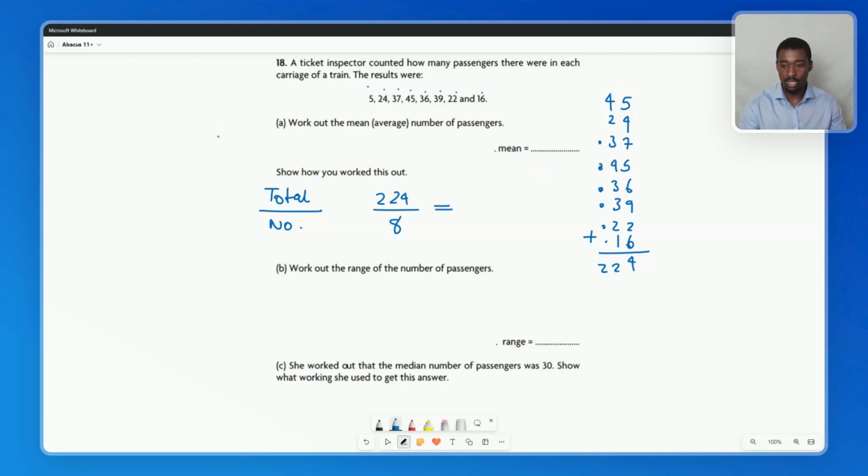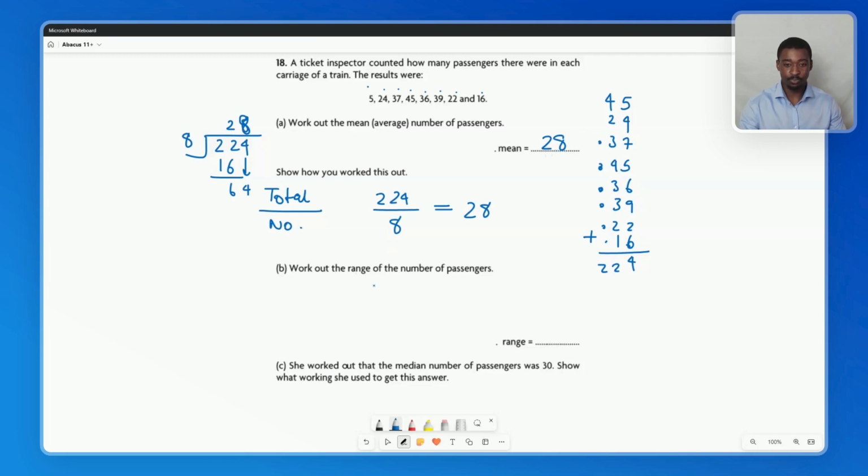So let's do this division. 224 divided by 8, or 8 goes into 22, 2 times wholly, 16. Giving us 6 left over. And then 8 into 64 is 8. 8 times 8 is 64, right? So 28 is our mean number of passengers per carriage.